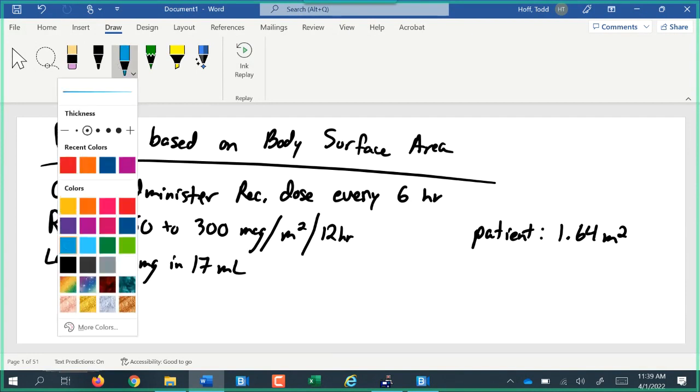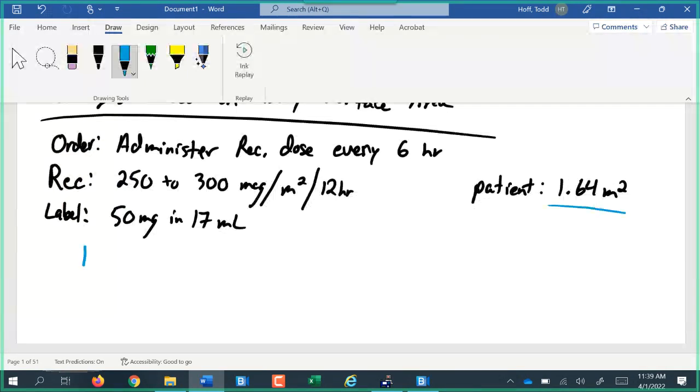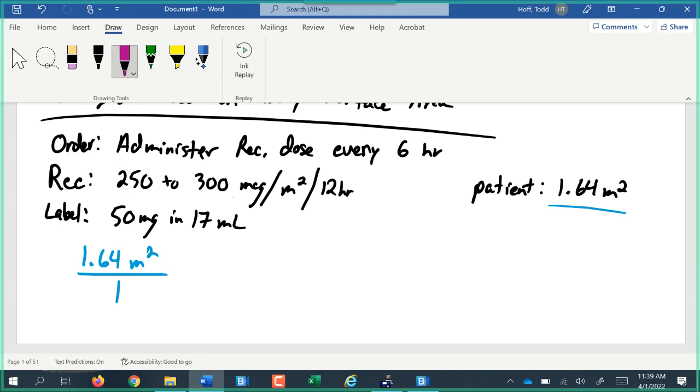The patient is 1.64 meters of body surface area. Put that over 1. And then we can see here we have, once again, just like with dosages based on weight, a minimum and a maximum in our range. Just like weight, we're going to go with the maximum.